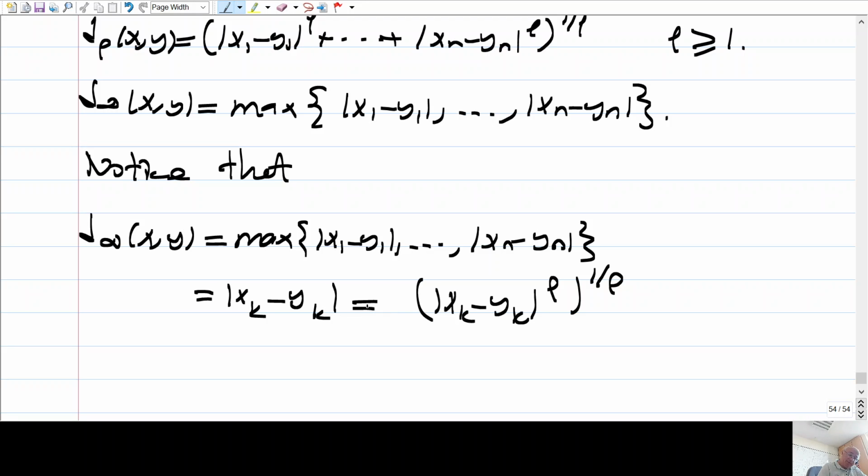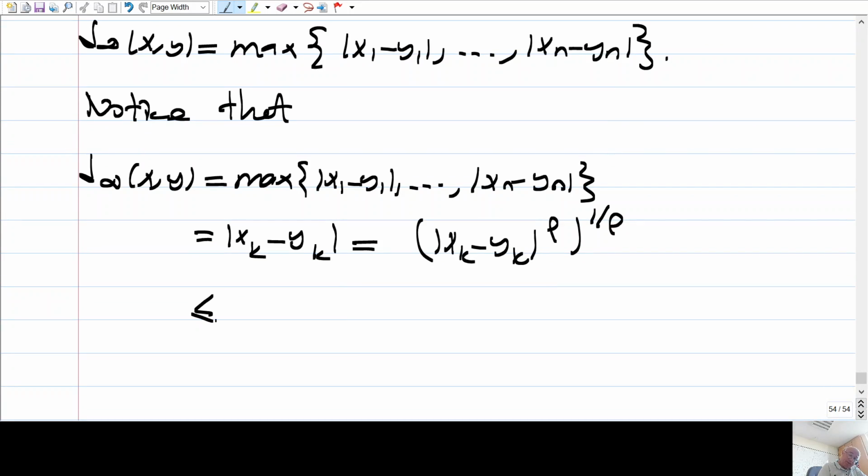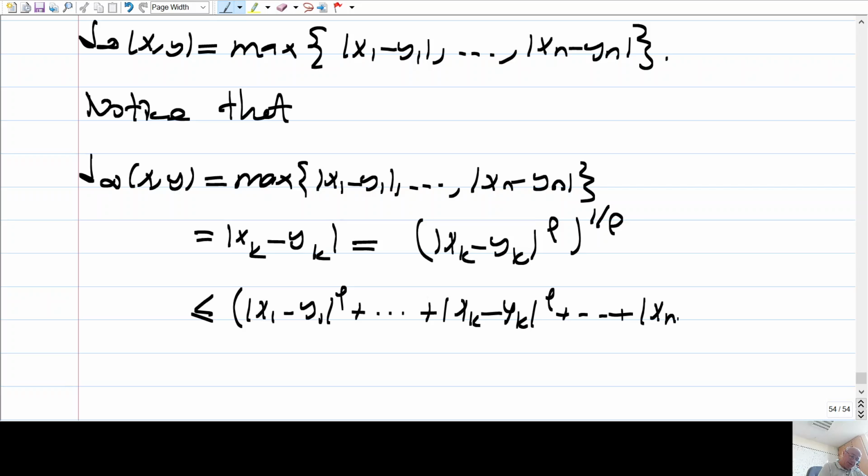But this thing is less than this one: the sum of |x1 minus y1| to the power rho up to |xk minus yk| to the power rho and |xn minus yn| to the power rho, to the power 1 over rho, right?